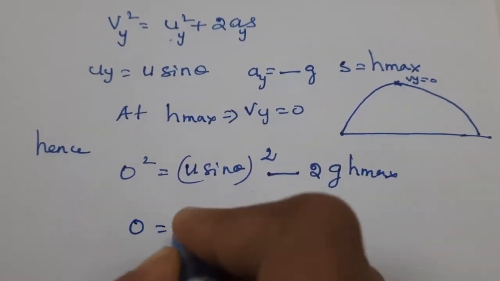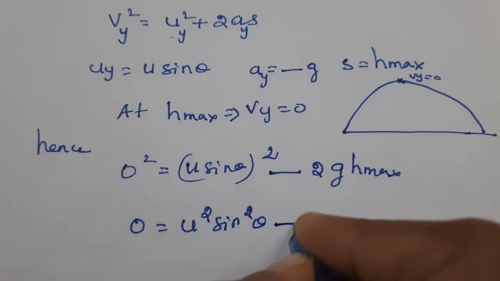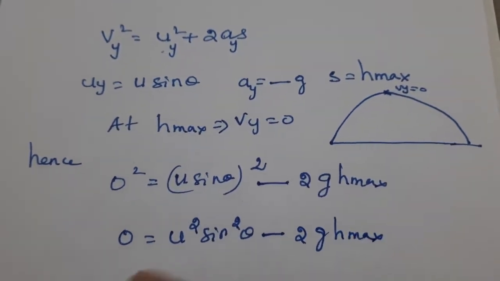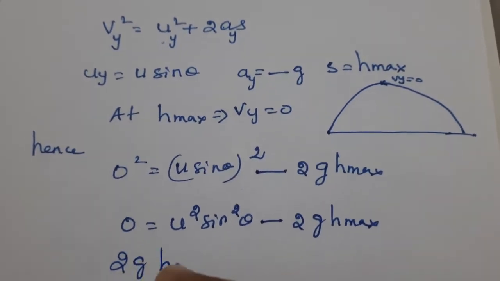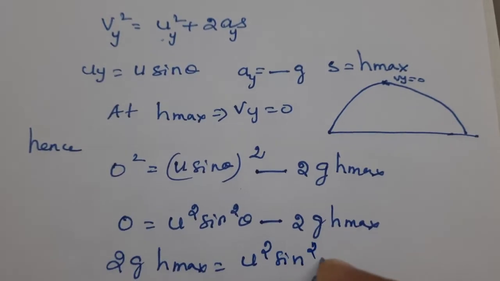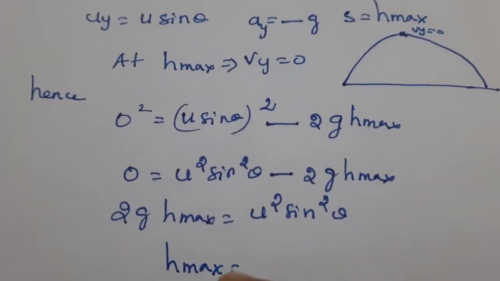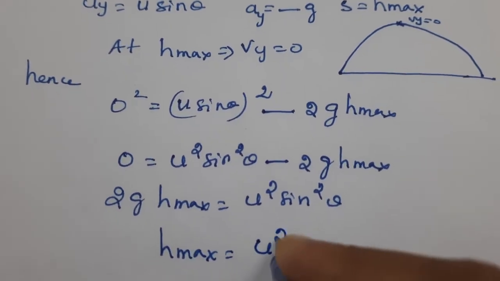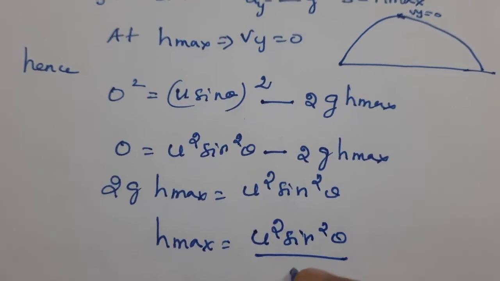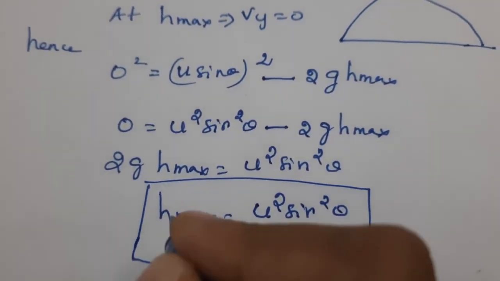So 0 equal to u square sin square theta minus 2g h max. That is, 2g h max is equal to u square sin square theta, or h maximum is equal to u square sin square theta divided by 2g. So this is the maximum height.